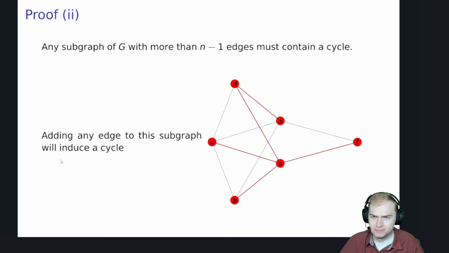The second is similar, and obviously we could swap around these examples. Any subgraph with more than n minus 1 edges must contain a cycle.